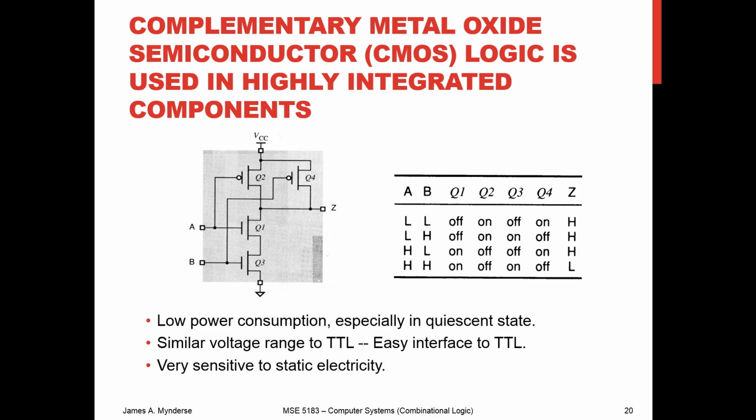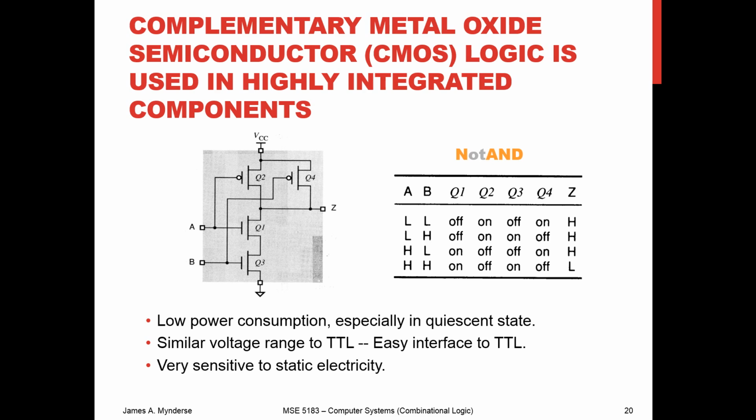As I mentioned before, CMOS is another option. CMOS is built on your MOSFET or your FET transistors. Remember, TTL was built on your BJT, your bipolar junction transistors. And so we worked through in a previous lecture how to make a simple inverter. Well, here is a simple NAND.